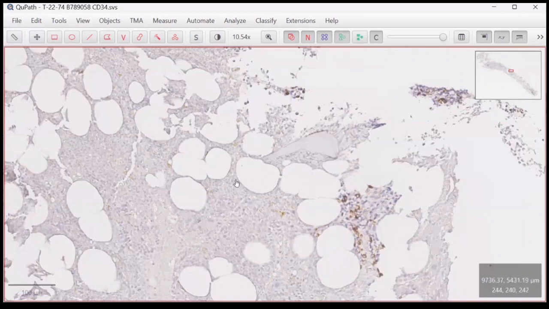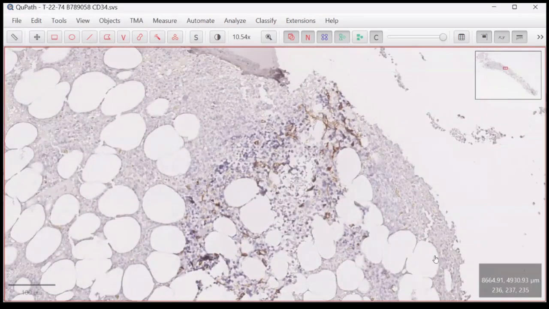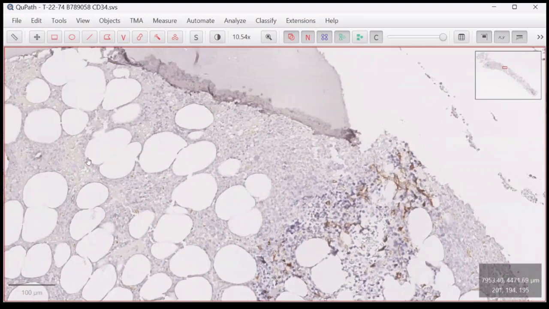It could be some technical error during the antigen retrieval. These cells here are more crisp as compared to this one, which is a bit hazy looking. So it's a bit difficult to assess on this one.